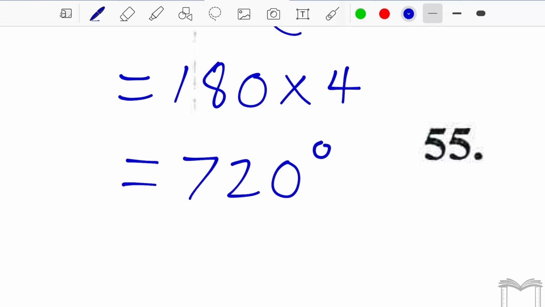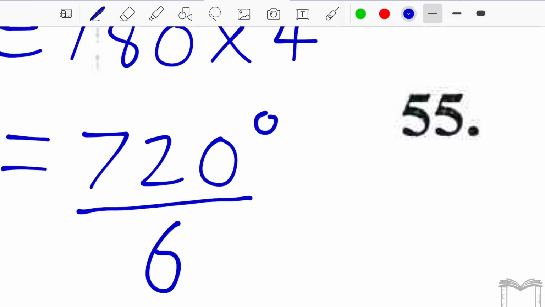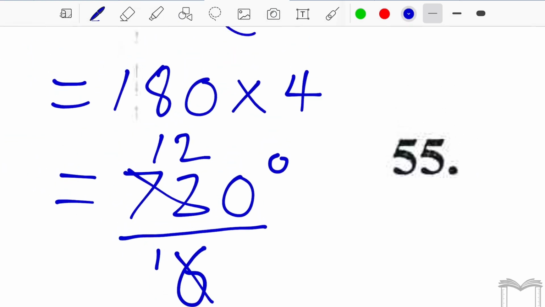Now, one step further, if a 6-sided polygon has 720 degrees total internal angles, we can divide by the number of sides, which is also equal to the number of angles, to determine the amount of degrees for one angle. 6 into 6 is 1. 6 into 72 is 12.